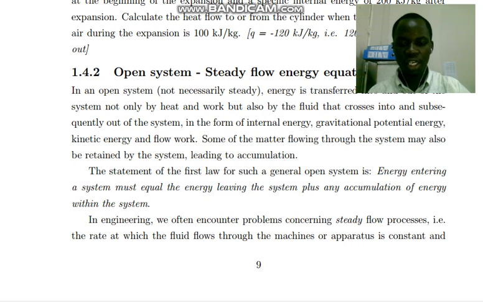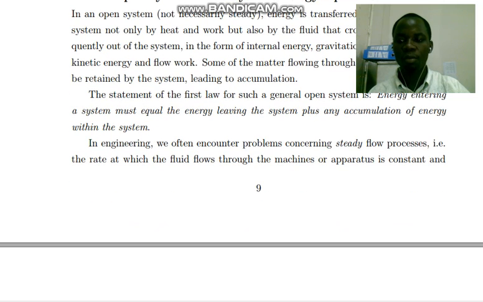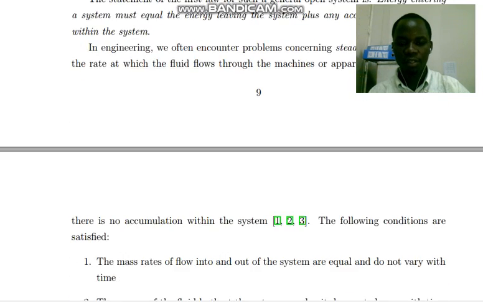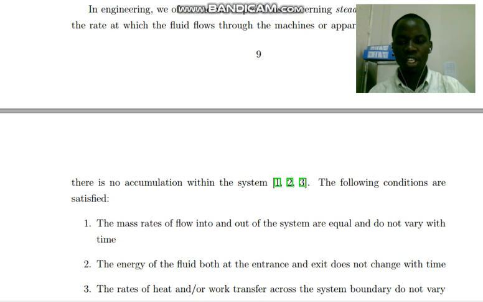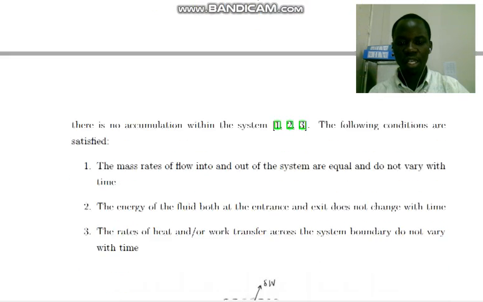In engineering, we often encounter problems concerning steady flow processes, where the rate at which the fluid flows through the machine or apparatus is constant and there is no accumulation within the system. The following conditions must be satisfied.